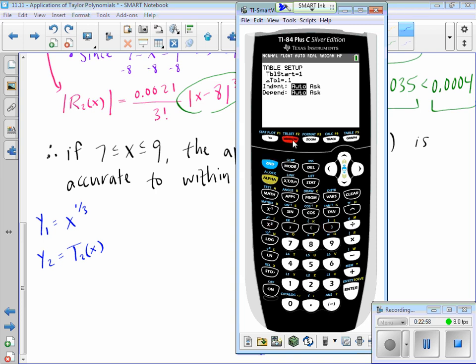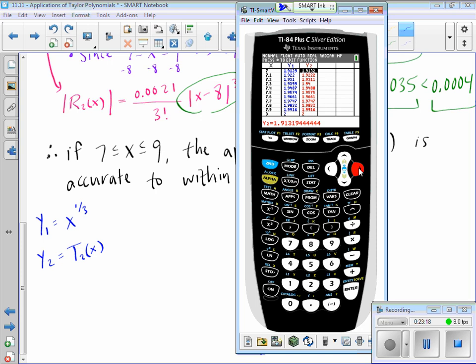I need you to focus for just a minute. Okay, in our table, let's look at x equals 7. Go to your table. It should have both of those in your table here. And if we scroll, do you see how close these y values are? How could you find how far off it is?